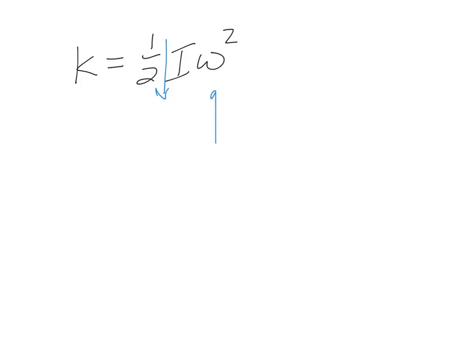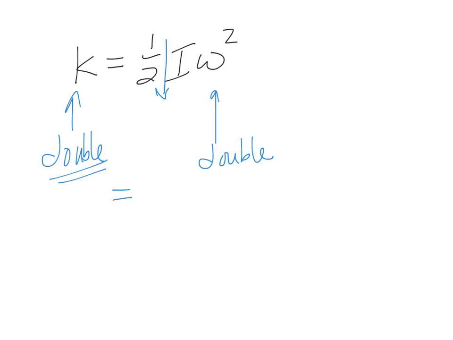If omega would have to double as a result, and if that doubles, that goes up in this equation by 4, but you've already halved the moment of inertia, so the end result is that K would double. So she would have double the kinetic energy, which is quite interesting. So that's kind of how the moment of inertia is very specifically added.